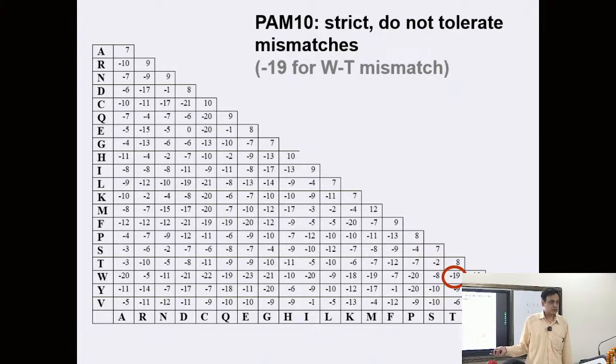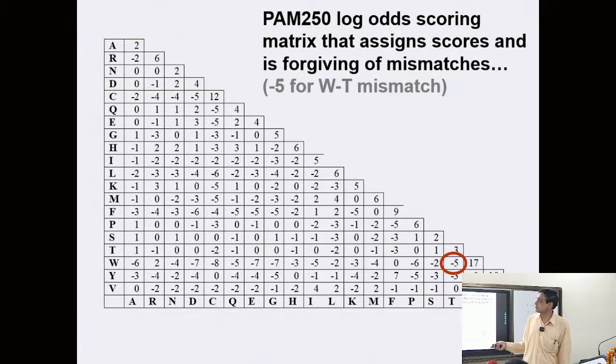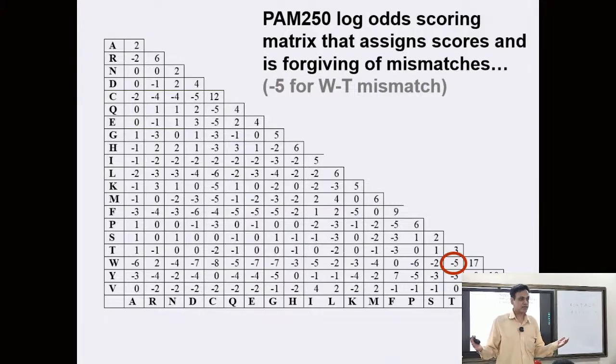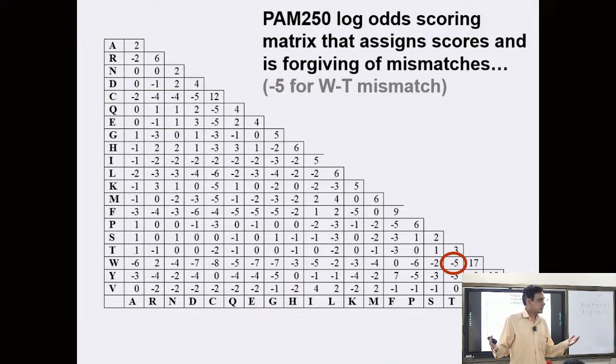So why is it so? What is PAM250 representing? 250 changes over 100 residues or 250 evolutionary time units, which indicate highly divergent sequences. So this matrix should be more forgiving to mismatches, right?